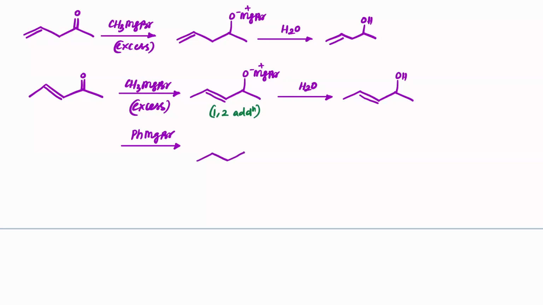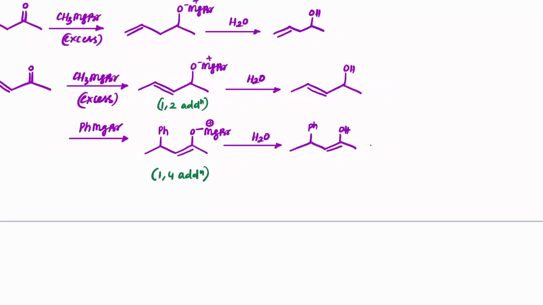That means the double bond will be shifted here, O minus will be here, and Ph will be forming here, and MgBr plus. So what happened here now? It has got a 1,4 addition reaction. So 1,4 addition has happened. And after that, if you hydrolyze it, you will get back to the keto formation here, Ph, and this will become OH, and that OH will undergo tautomerism to convert back into ketone like this, Ph.